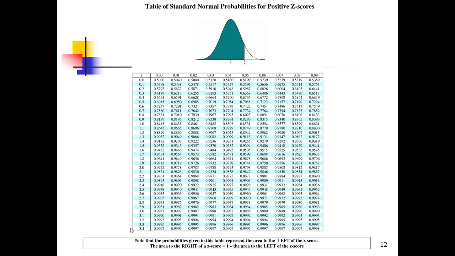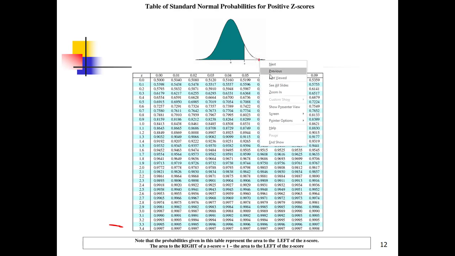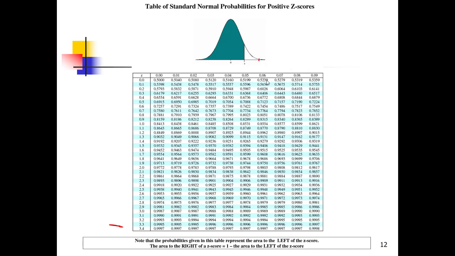The maximum z that I have is 3.4, somewhere here. So that gives you the area on the right of z.